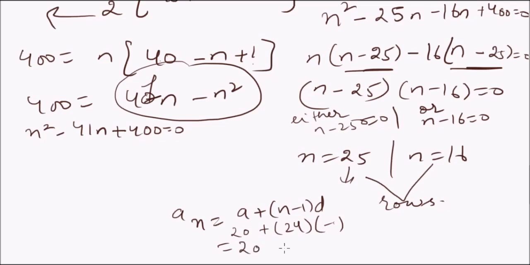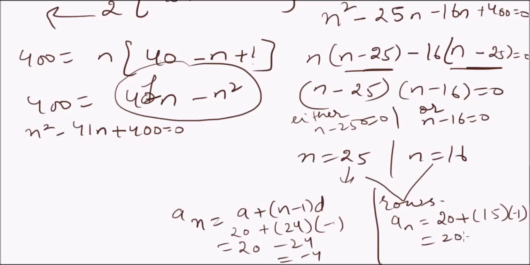Thus 20 minus 24 gives us minus 4. Whereas for the second case we have a, 20, plus 16 minus 1, which is 15, into minus 1, which was d, because there was a decrement of 1 log from bottom to top. So it is 20 minus 15, which is 5.